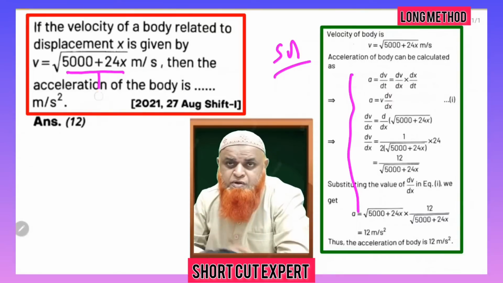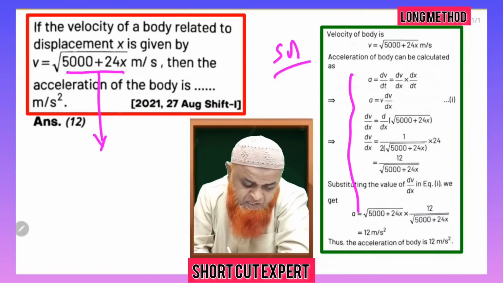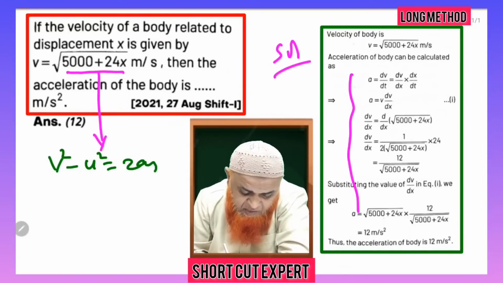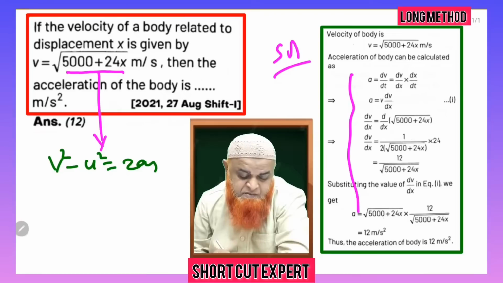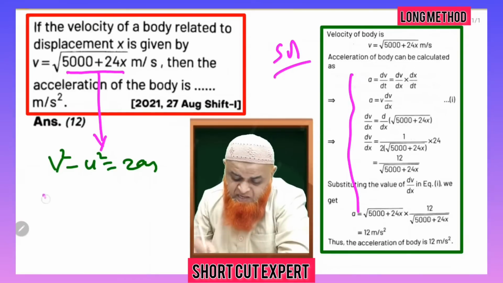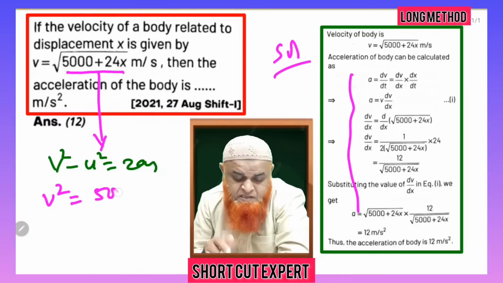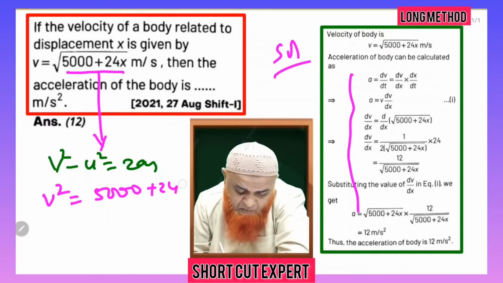So what I am going to do here is, you just write this equation like v square minus u square is equal to 2as. So convert the above equation like this. You just square on both sides. Then you will be getting 500 plus 24x.